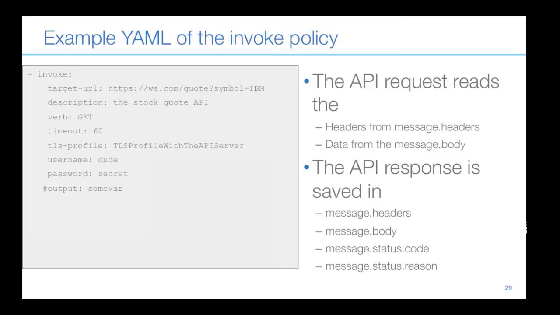Body and headers are saved under the message. Code and reason are saved under message.status by default. This data can be read or manipulated by any other policy that follows the invoke policy. If users don't want the API response to override the message body, they can specify some other context variable to store the response. Check the output property of the invoke policy in the YAML example. Next slide.